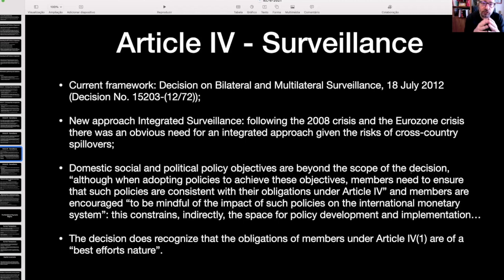So this looks not just at a specific country-by-country analysis, it also takes account of cross-country spillovers.